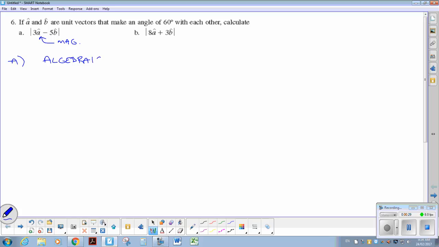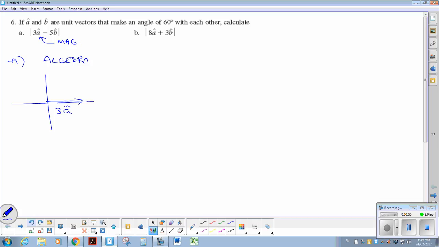With the algebraic method, we have both vectors centered at the origin. So there is my A vector. 3A means it's 3 units in length.